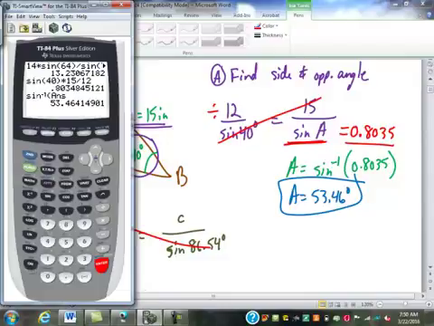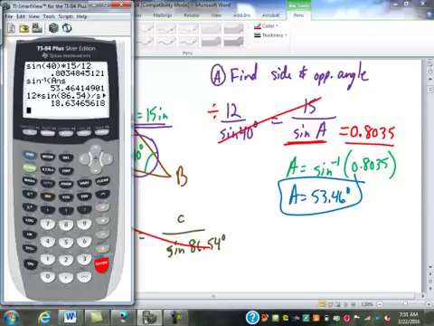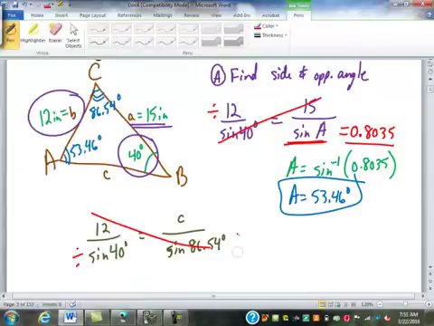So 12 times the sine of 86.54 divided by the sine of 40. 18.63. So that one worked out pretty neat.